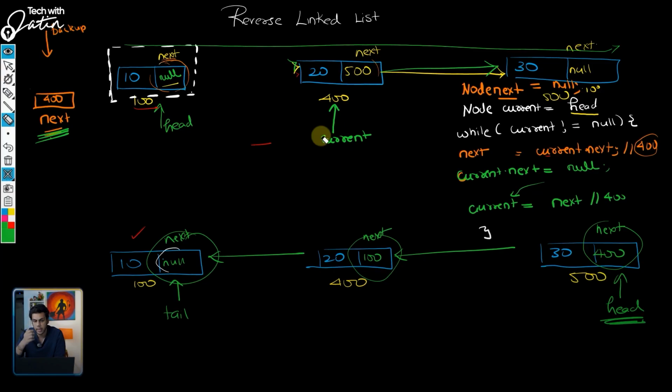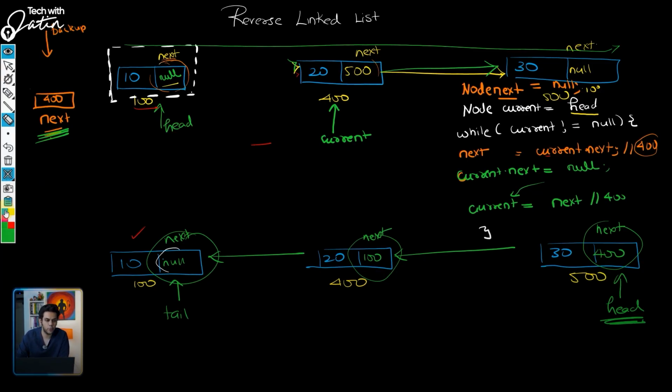But the thing over here, guys, is over here, it is written 500. And over here, it wants the address of the previous node. 100 I don't have now. I cannot go back also.